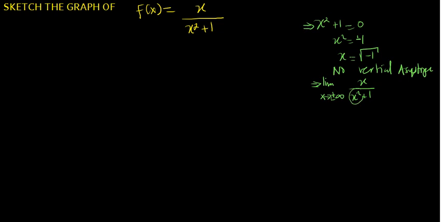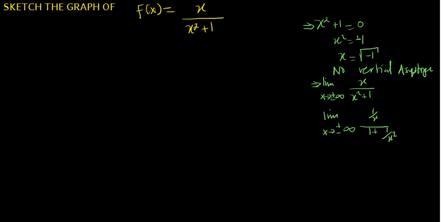The highest power of x is x squared. So divide everything by x squared. That will be the limit as x approaches positive or negative infinity of x divided by x squared, which is 1 over x, and then x squared over x squared, that will be a 1, and then plus 1 over x squared.